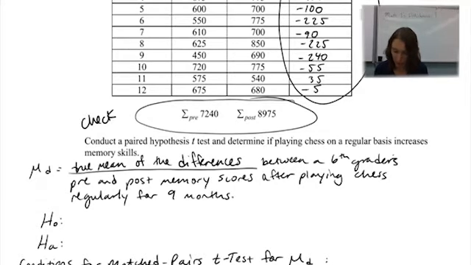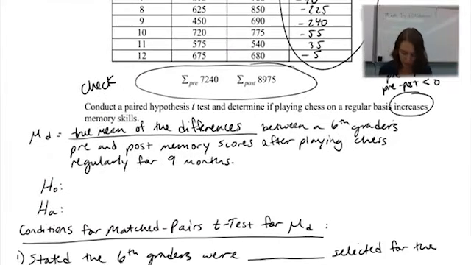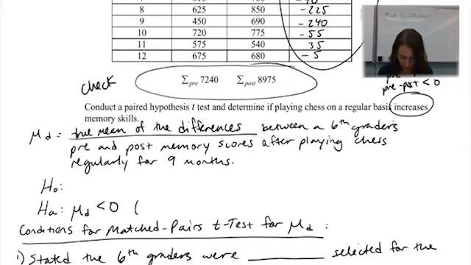Okay, now we want to test to see if playing chess increases memory skills. So pre would be less than post, which would mean pre minus post would be less than 0. So my mu sub d would be less than 0, and this would show post score higher, an increase in our scores.